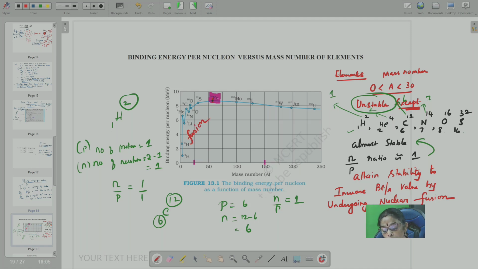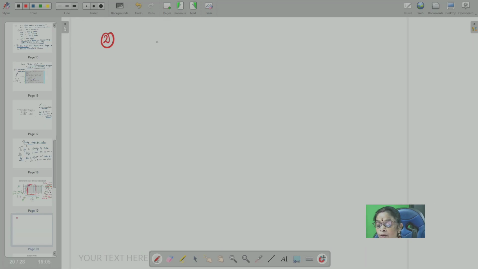Okay, right. What about 30 to 170? The 30 to 170 elements are almost stable. So therefore I can say number 2, elements having 30 less than A less than 170 are almost stable.